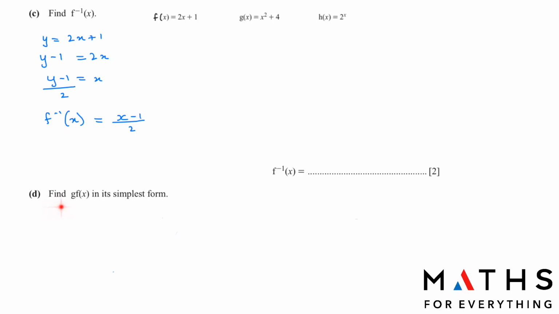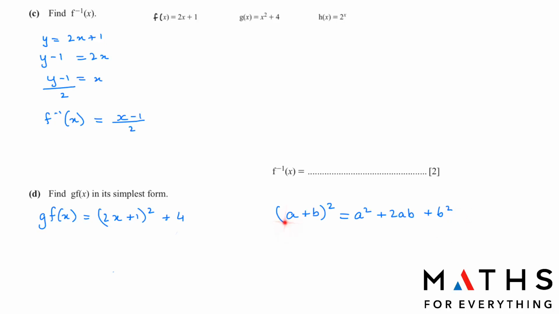Now moving on to D, find g of x in its simplest form. So we will write g of x, but in place of x, we are going to substitute 2x plus 1, and there's a square there, plus 4. Now in this question, we are going to use the identity (a plus b) square, which will give us a square plus 2ab plus b square.